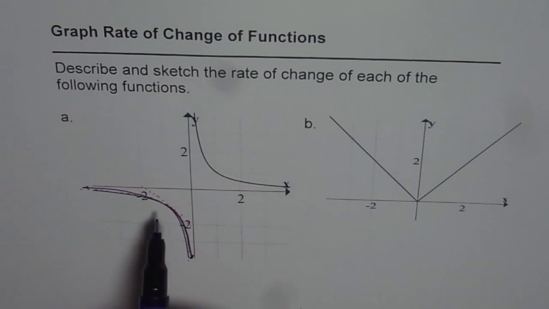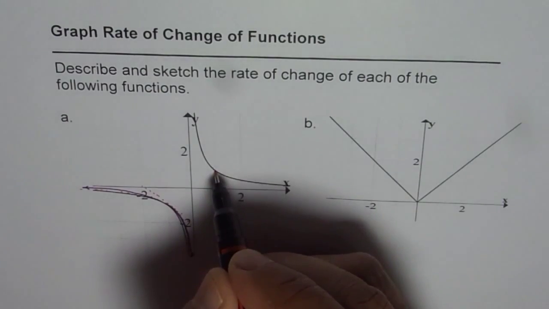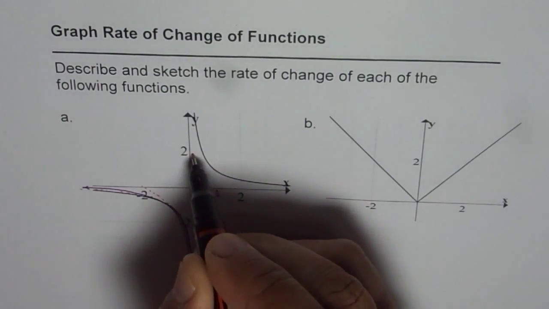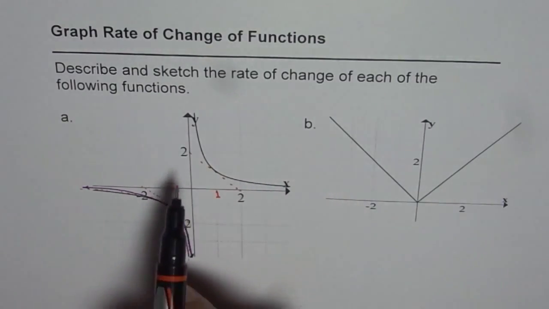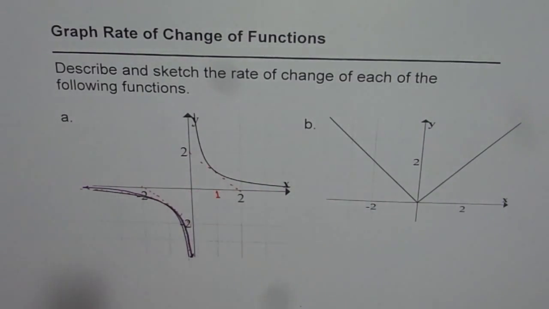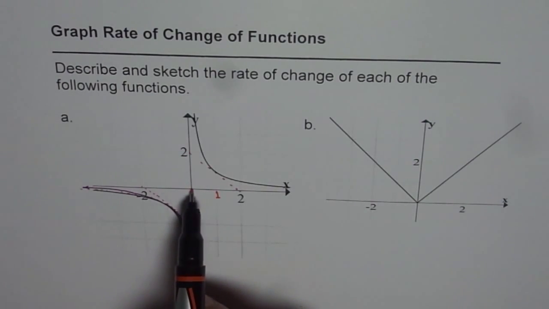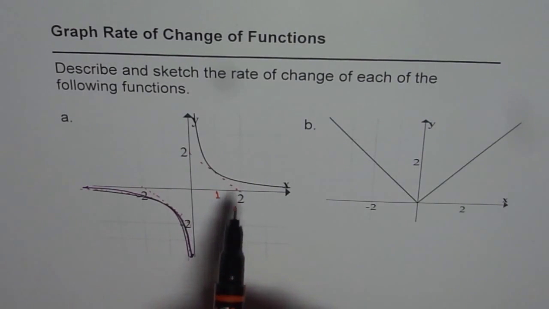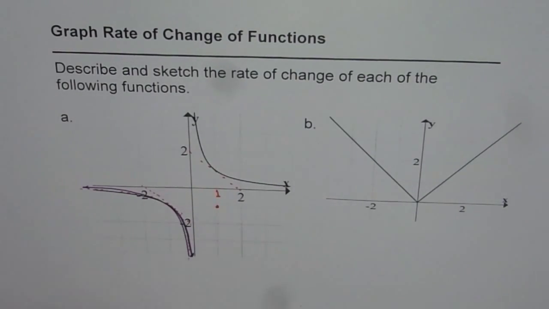So we'll follow the same process on the right side of the graph, which is in quadrant 1. If I draw a tangent at 1, it is like this. So this line has a slope of 2 divided by 2, but it is negative, right? Rise is -2 and run is +2, do you see? So this value will correspond to -1 for the rate of change.